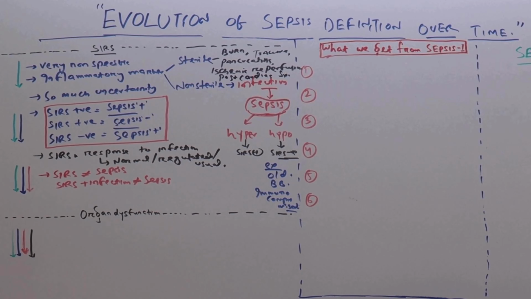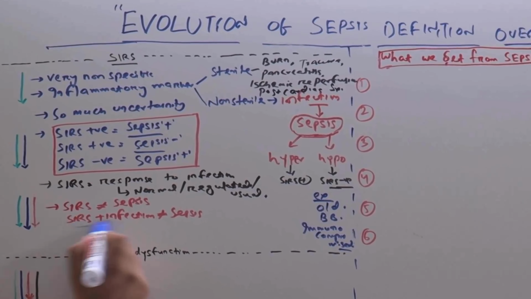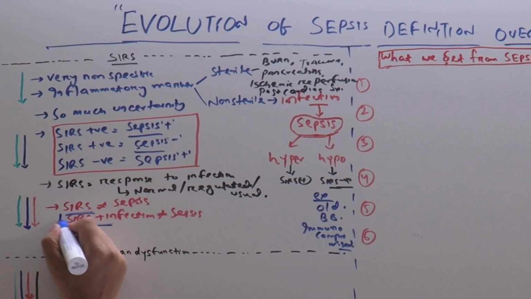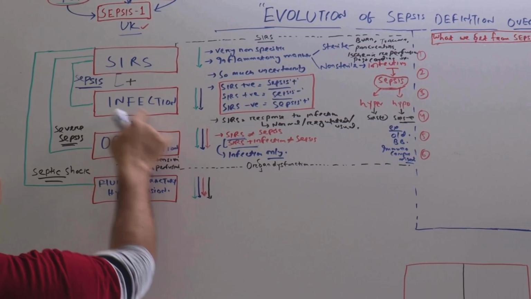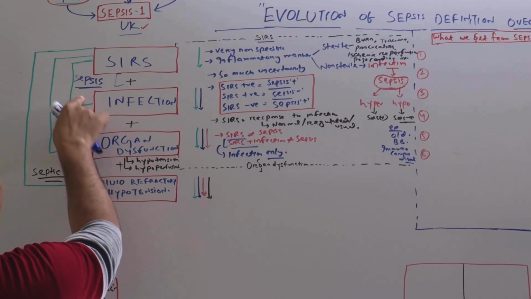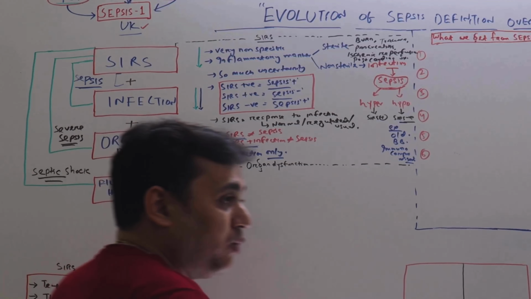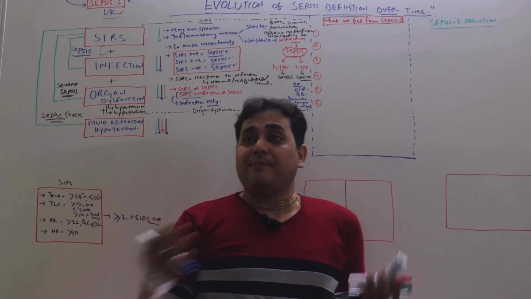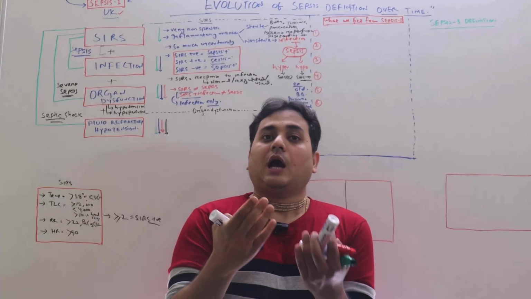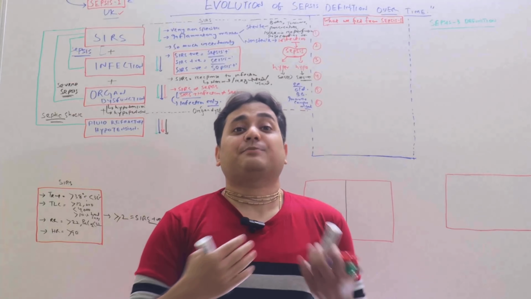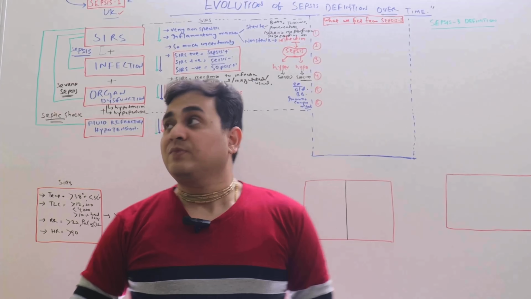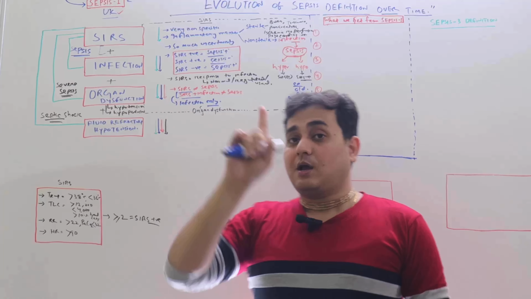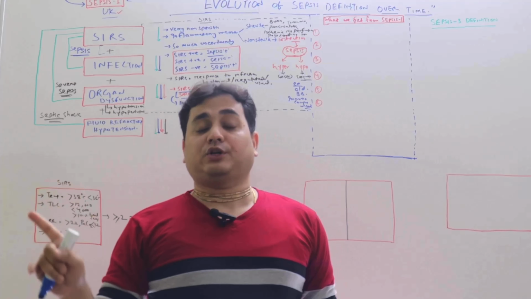This means SIRS or SIRS plus infection, they are infection only. So this SIRS plus infection definition of sepsis is not the exact definition of sepsis. When I am having a chest infection and I am tachycardic, I should not call myself septic. No, I am simply infected and it can get easily cured. Sepsis means there is organ dysfunction.